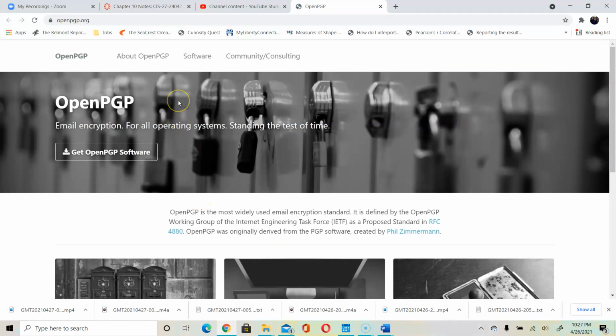Now, Symantec had bought the official license of the commercialized version of PGP, but there is OpenPGP, and OpenPGP is used mainly for email encryption standard. This is using the proposed standard RFC 4880. It was originally derived from the PGP software, which was created by Phil Zimmermann.